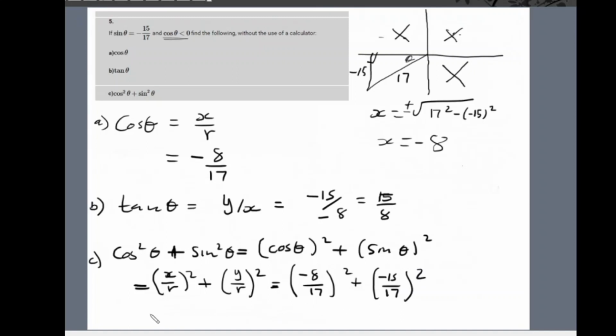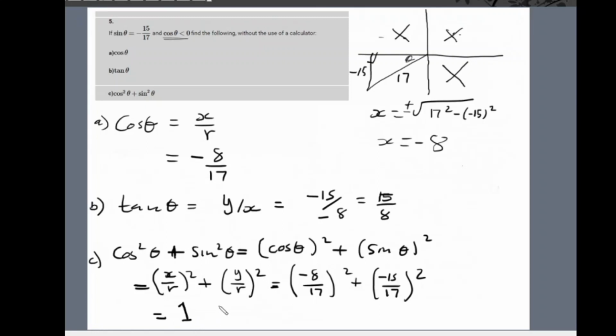If you punch this in your calculator, minus 8 divided by 17 all squared plus minus 15 divided by 17 all squared, you'll get that it equals 1. So this is equal to 1.